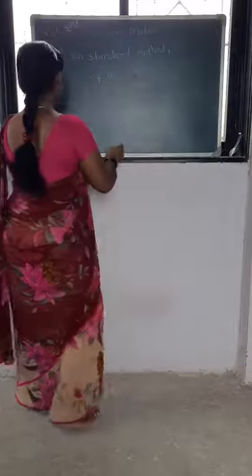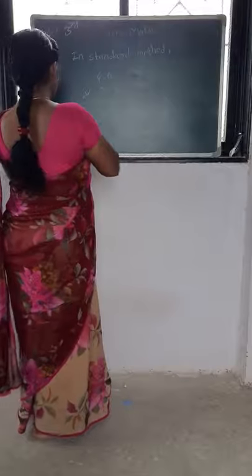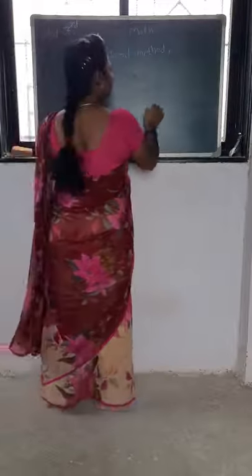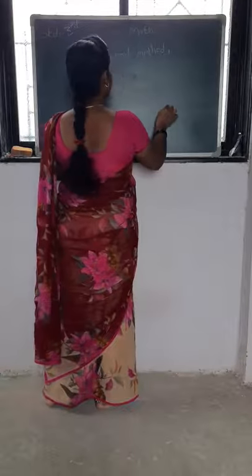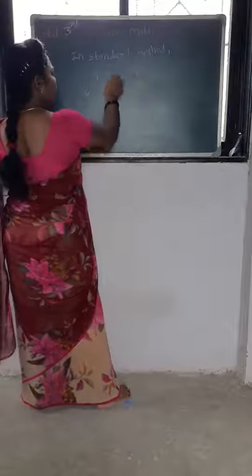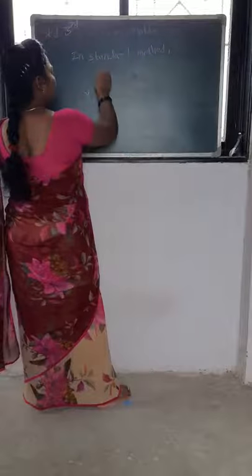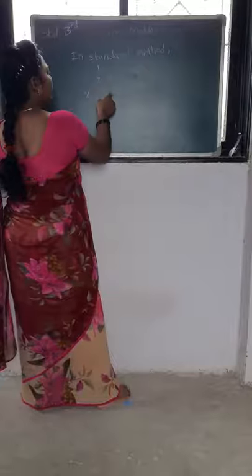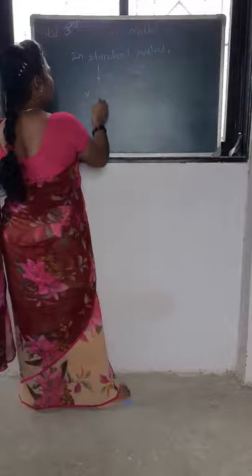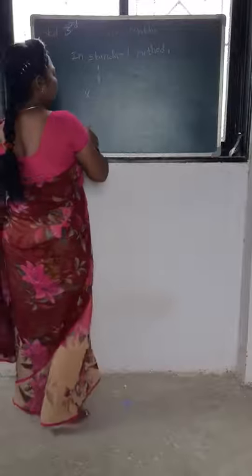Firstly multiplying by the ones digit, that is 46 multiplied by 3. 3 6s are 18, carry 1 to the tens column. 3 4s are 12, 12 plus 1 is 13.